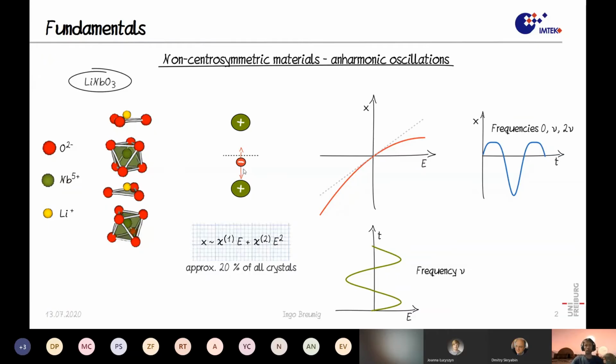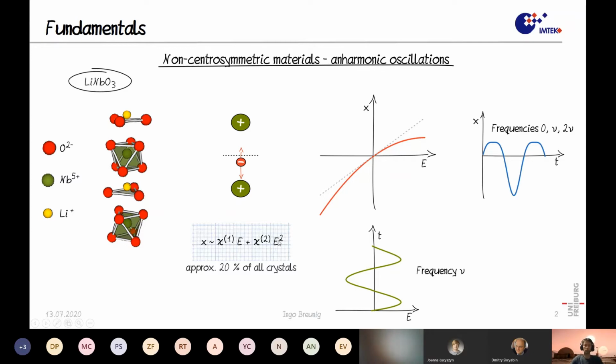So if you have a harmonic oscillation driving the displacement, the charge will do kind of an anharmonic oscillation. This anharmonic oscillation can be described mathematically. You have the displacement as a function of electric field. You have the linear term as you would have it in a centrosymmetric material, and the first nonlinear term is a quadratic one.